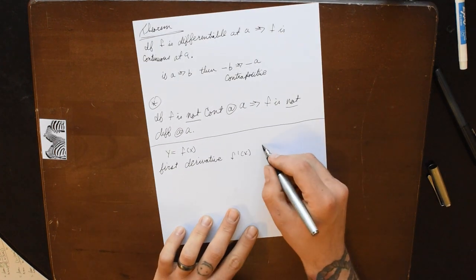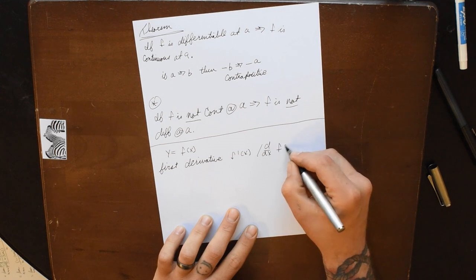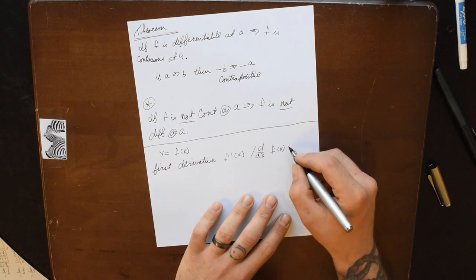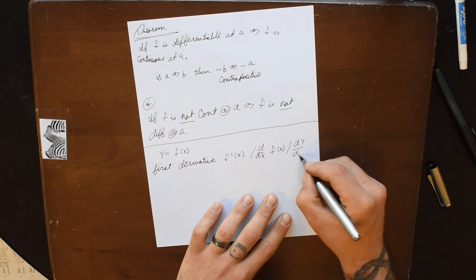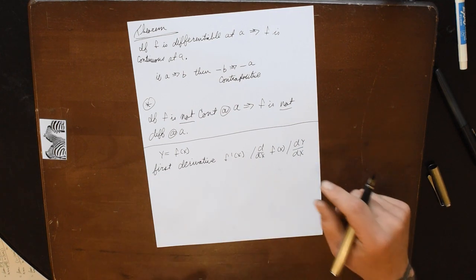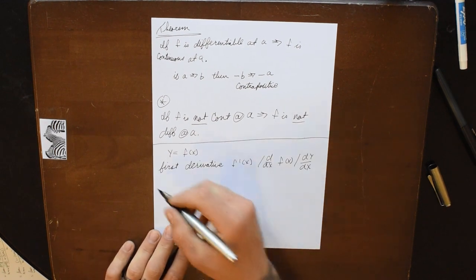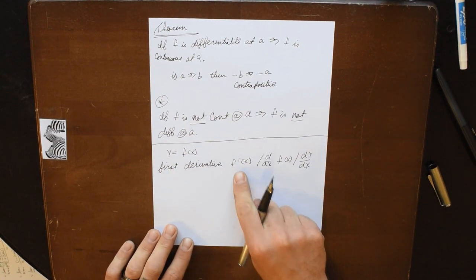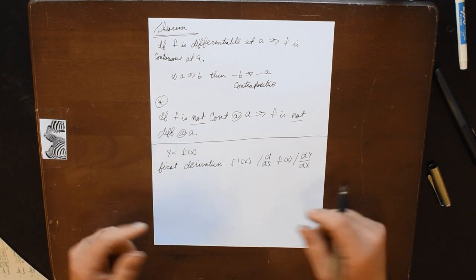Or you can think of it as the derivative with regards to x of f of x. Or you can think of it as the derivative of y with regards to x. And I'm doing all three on purpose. Remember, the derivative of a function is a function itself.